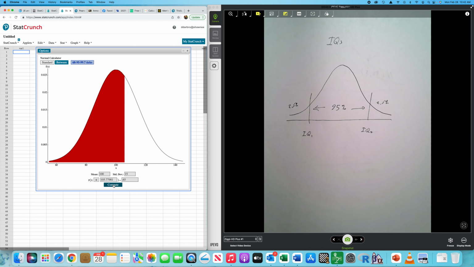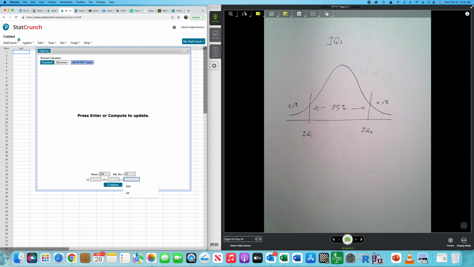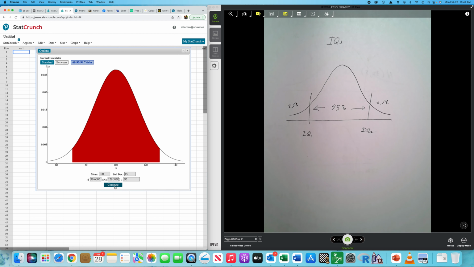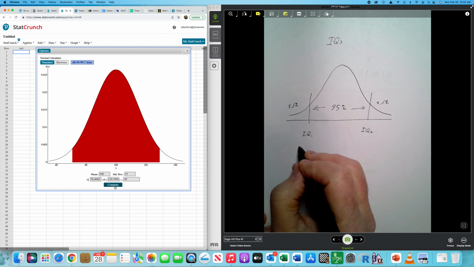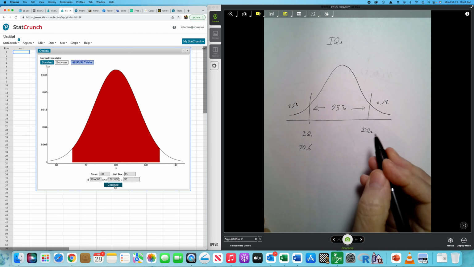Or between, the parameters of our model, we know that we want 0.95 between the two values, and click it and be done with the problem. 70.6 to 129.4.